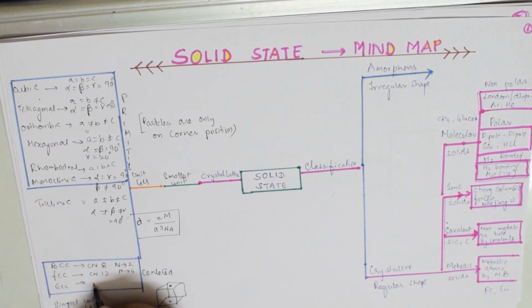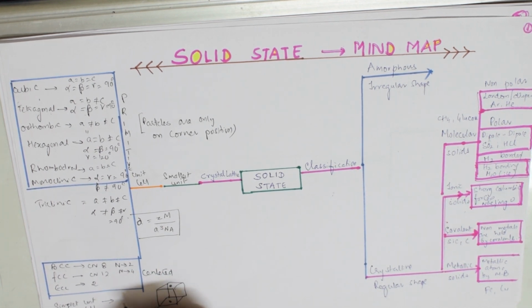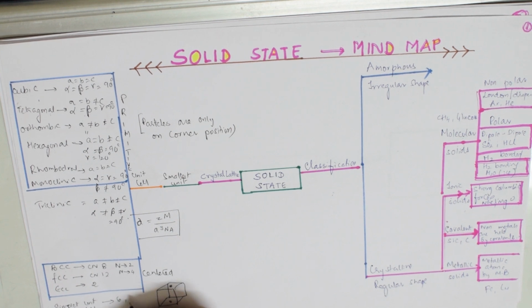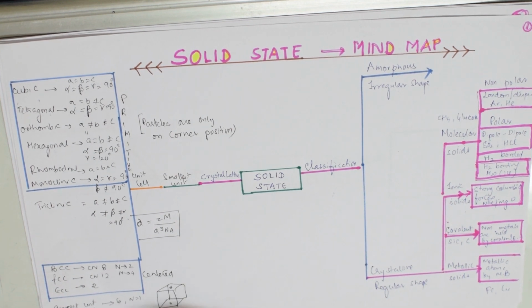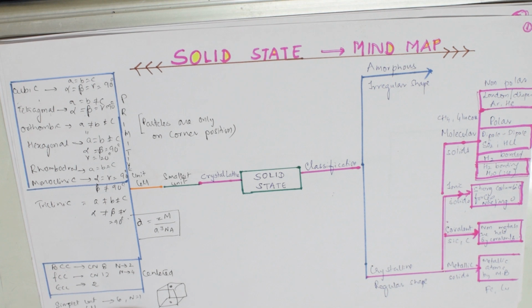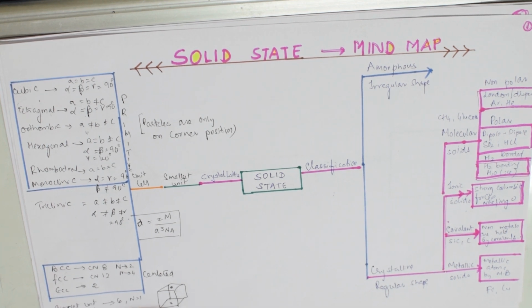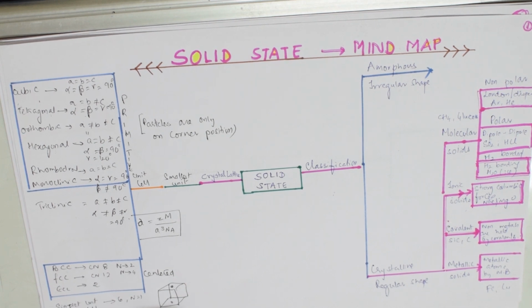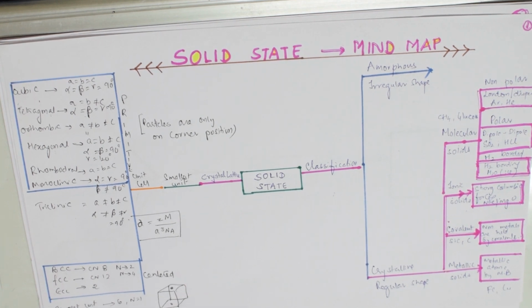In ECC, the number of atoms is 2. Right. In simplest unit cell, the coordination number is 6 as well as the number of atoms is 1. When I have to speak about HCP, the coordination number here is 12 and the number of atoms here is 6 per unit cell. Hope this is clear, students.